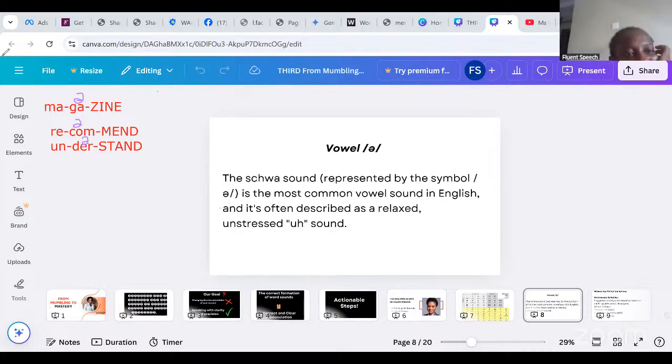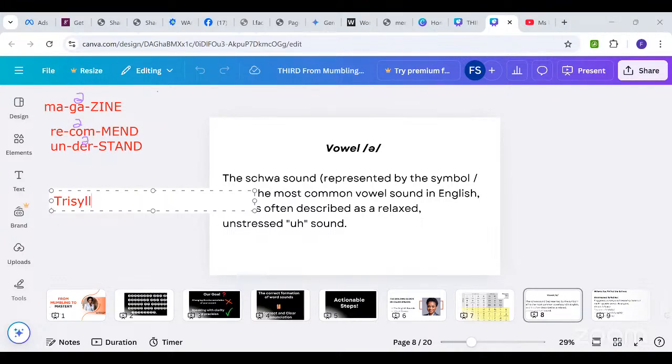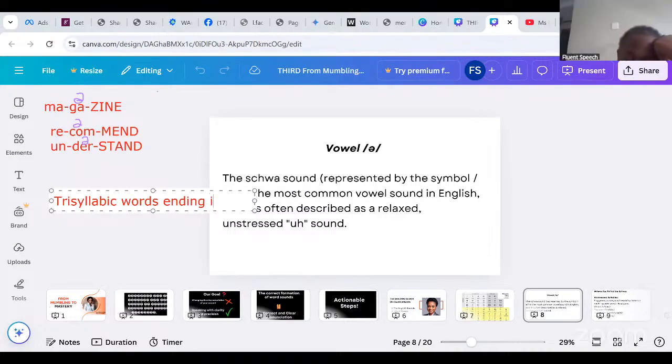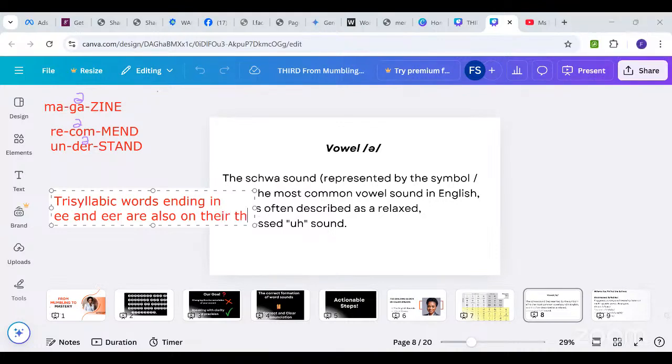So now then we have another rule. The rule states that trisyllabic words ending in EE and EER are also stressed on their 3rd syllables.